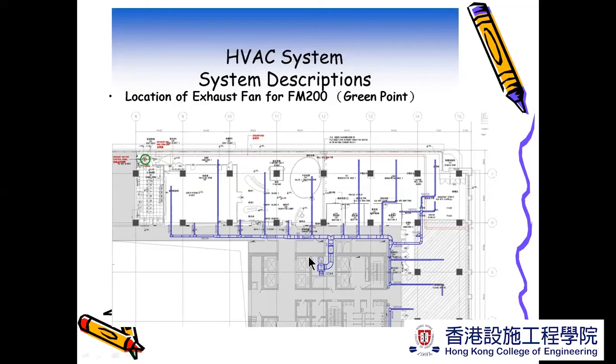But this is the PAU system, which provides the basic fresh air to the area where the fan coil unit provides extra heating and cooling. But the exhaust fan for that server room is here and discharges to outside over there.